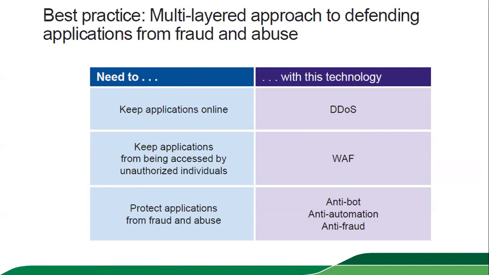And then you should also protect against bad bots, and against frauds that are happening through bots. So anti-bot, anti-automation, and anti-fraud technology can also help you in absorbing those sorts of attacks. We see that people use an automation engine to make an attack.